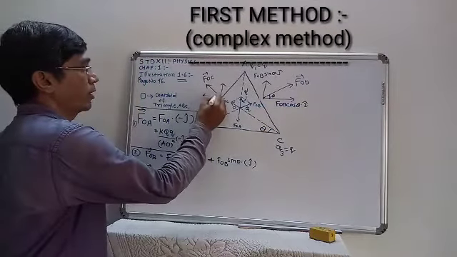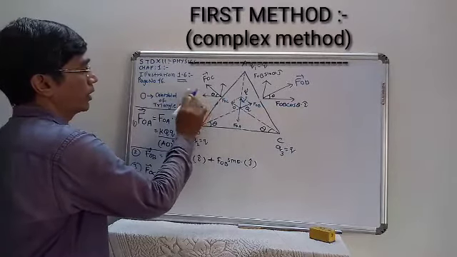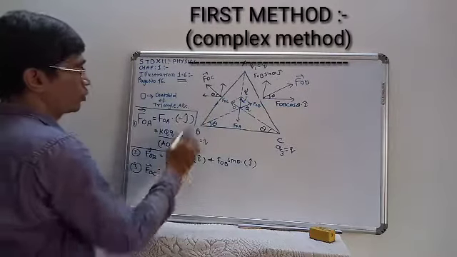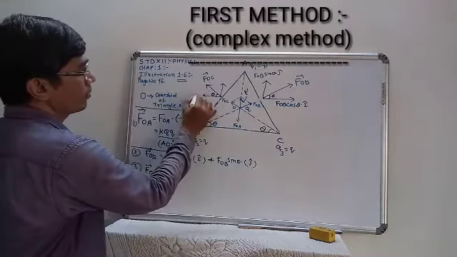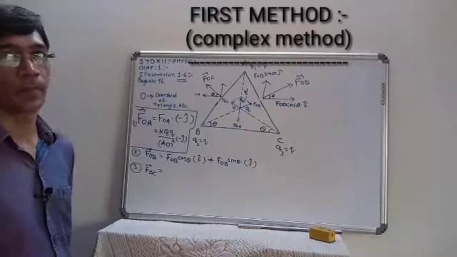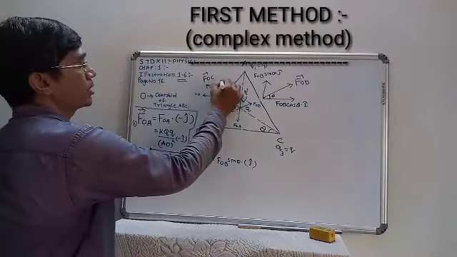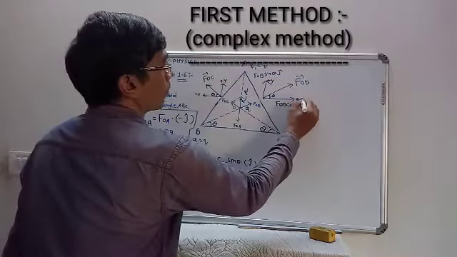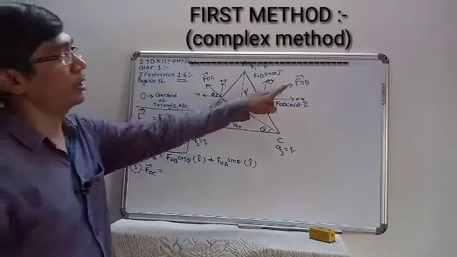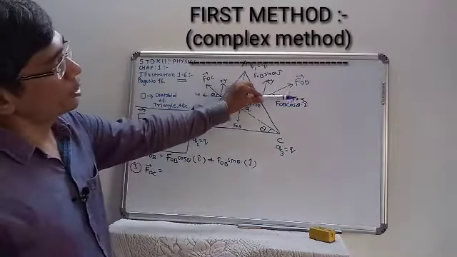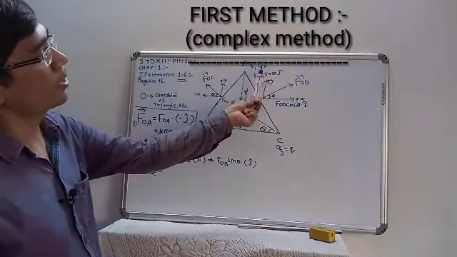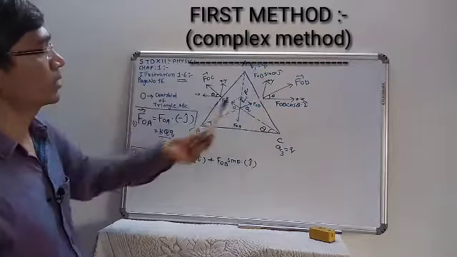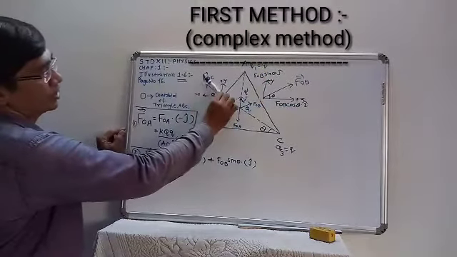This x component is in the minus x direction, and the y component is in the plus y direction. In the FOB case, the x component is in the plus x direction and the y component is in the plus y direction, but here the direction is changed.